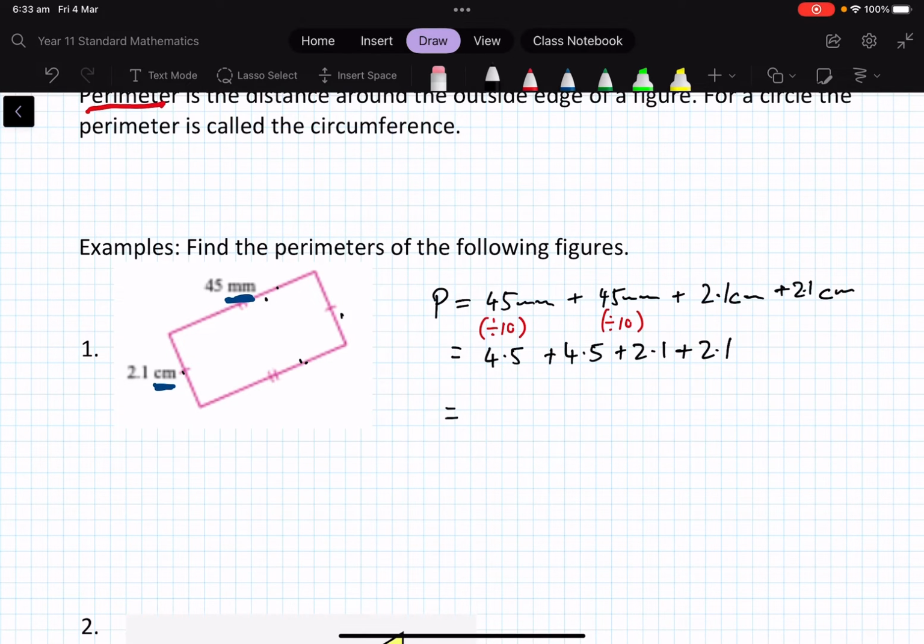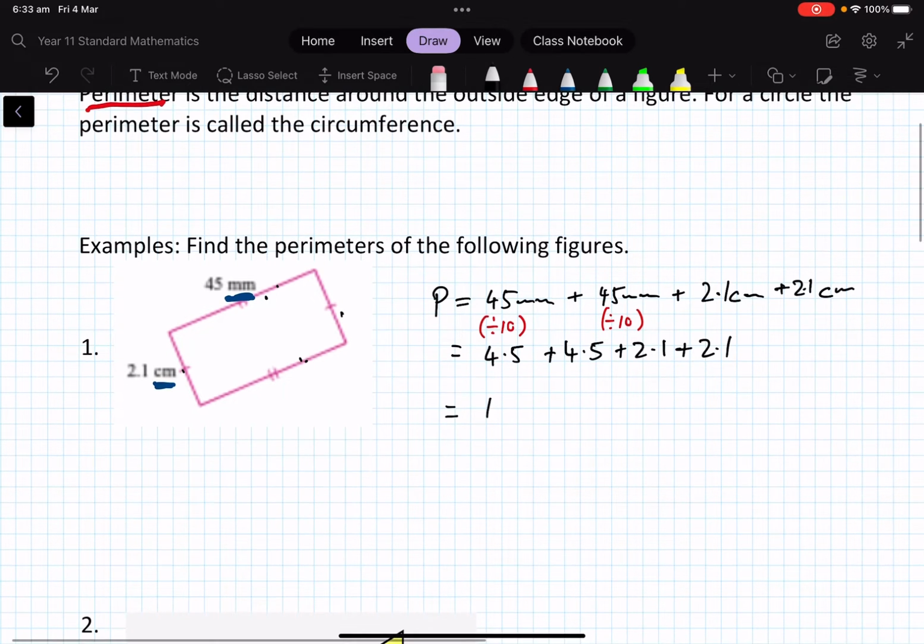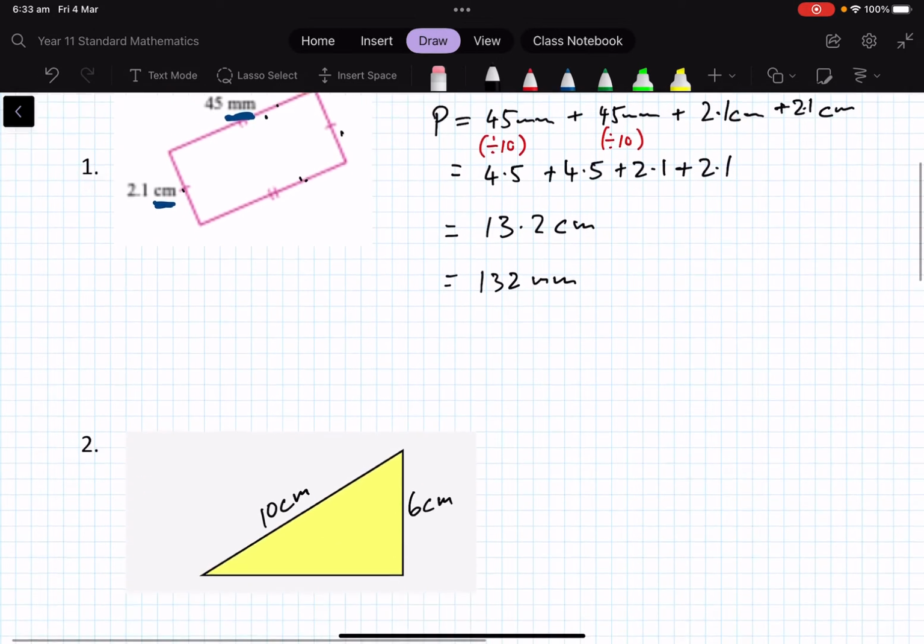That gives me 9 plus 4.2, 13.2 centimeters. Now, if you wanted to, of course, it's equal to 132 millimeters. Either way, that's okay. It depends what the question asks, the context of the problem, whatever it might be. Okay, let's go have a look at the next one.